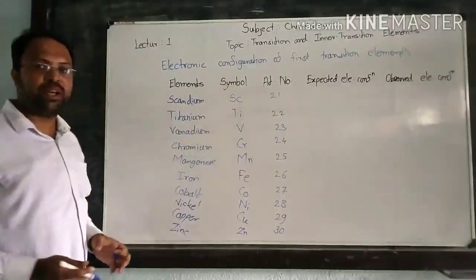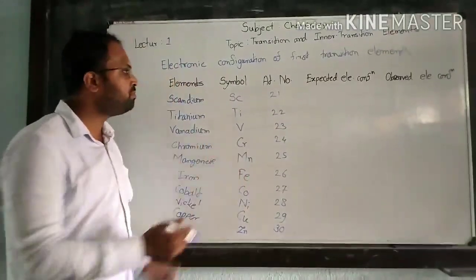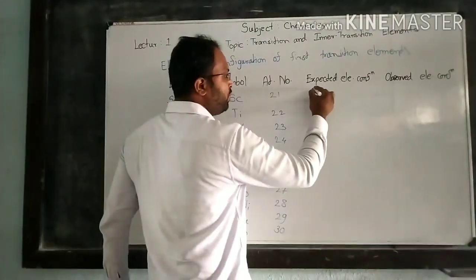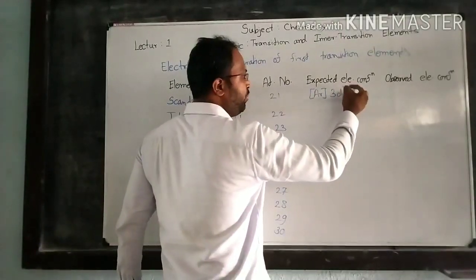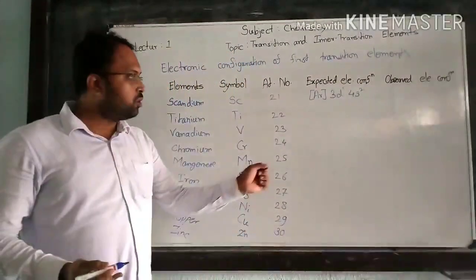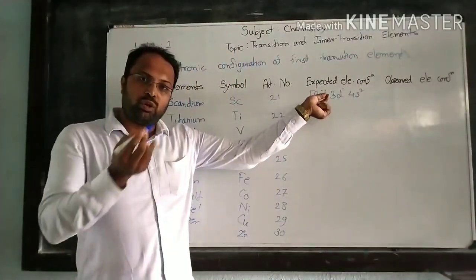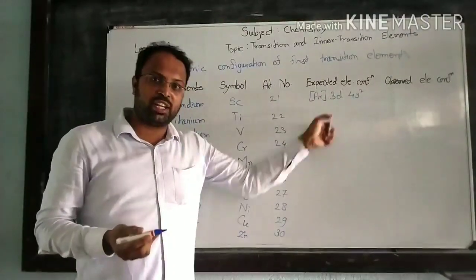Now, the expected electronic configuration is the important part. For this series, the electronic configuration of scandium is [Ar] 3d1 4s2. Then we add one electron at a time for each element.